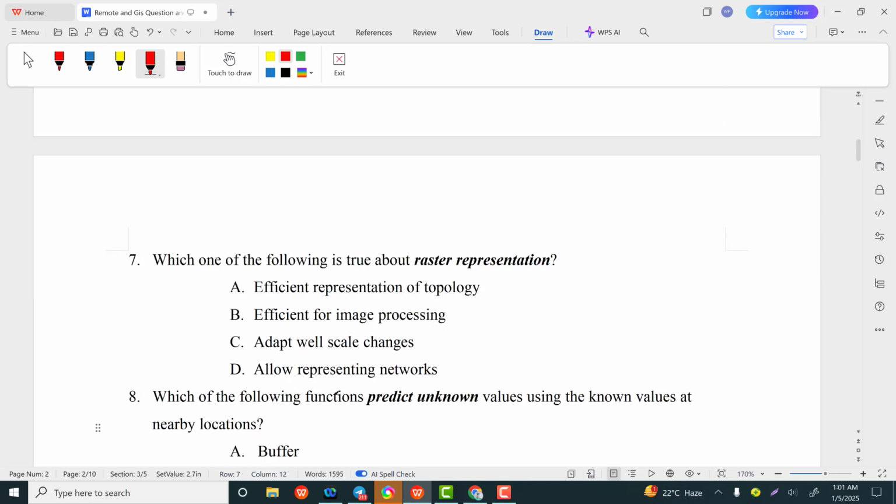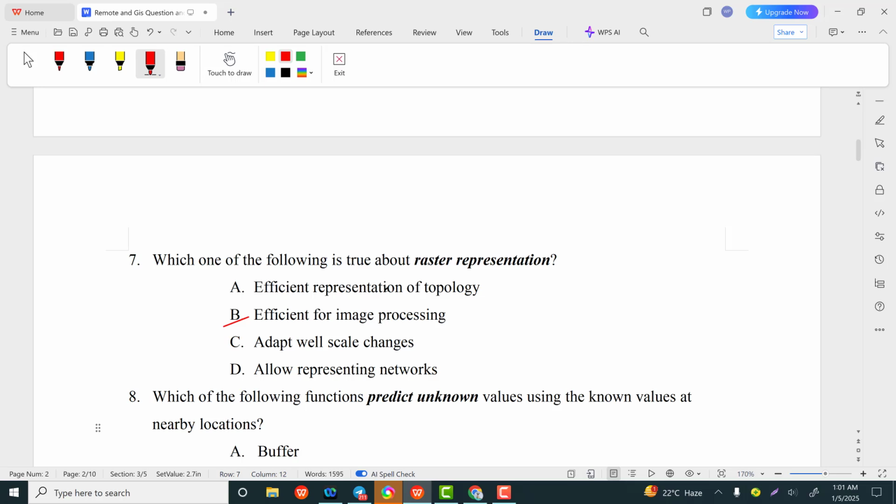Question number 7. Which one of the following is true about raster representation? A. Efficient representation of topology. B. Efficient image processing. C. Adapts well to scale change. D. Allows representing networks. So the answer is B. Let's explain one by one.